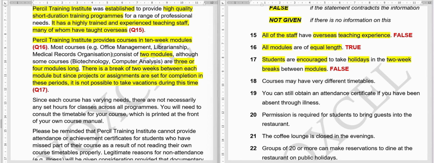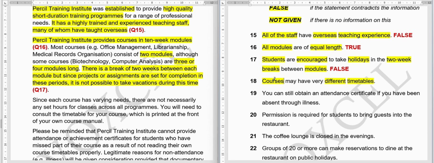Moving on to the next question, number 18. Courses may have very different timetables. So they are saying that whatever courses you are doing, they may have different timetables. If the different courses are held on different days or different times of the day, the answer is true. But if the timetables are the same, then the answer will be false. And if we don't know anything about the timetable, whether it's the same or different, the answer will be not given.